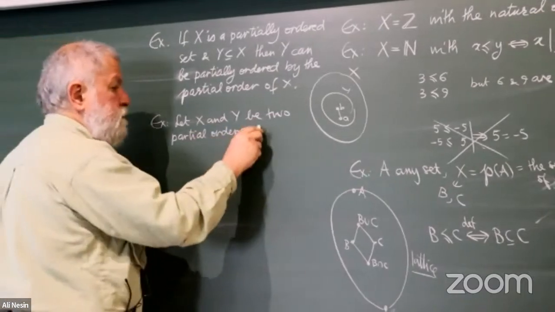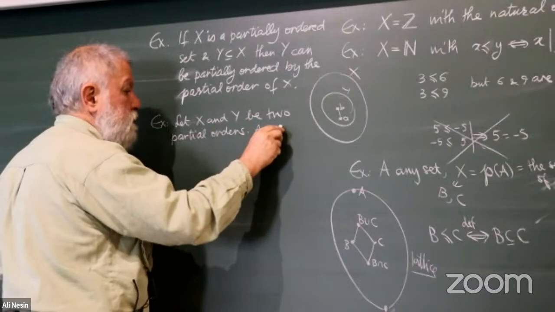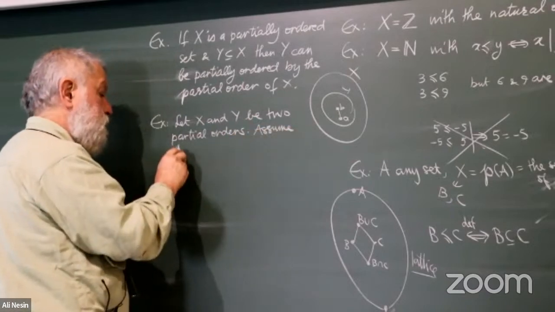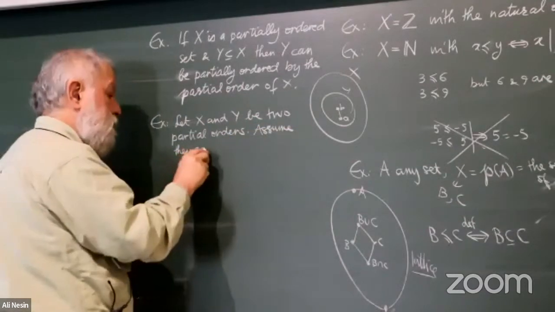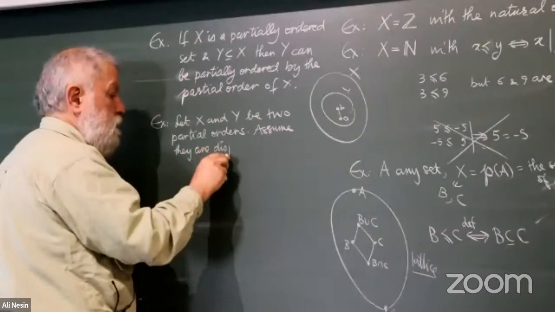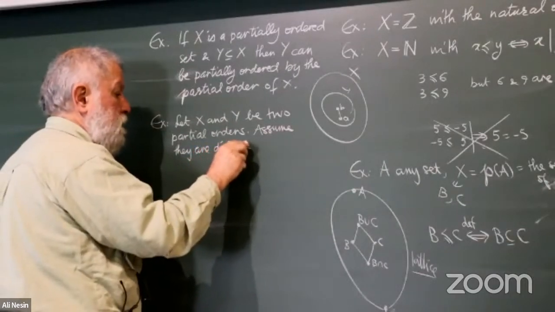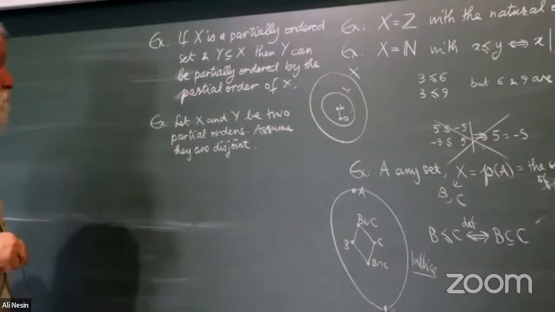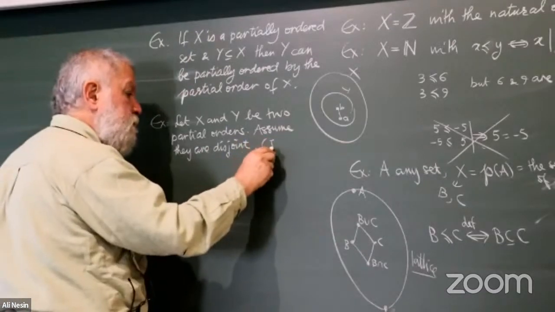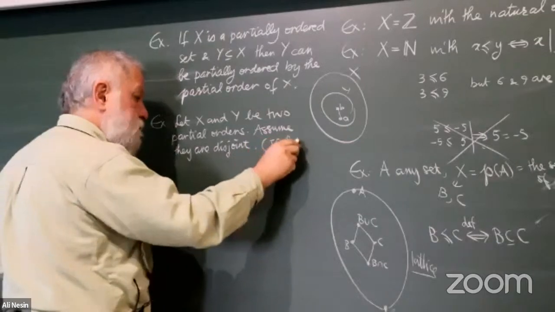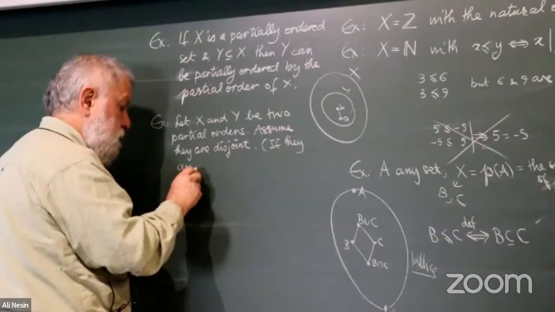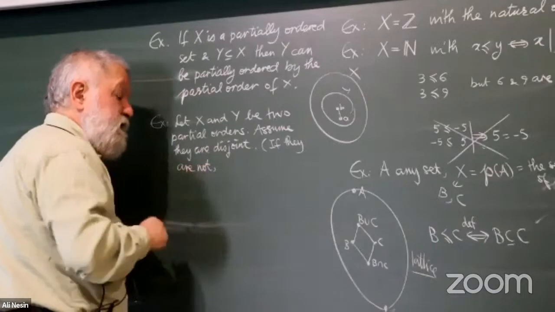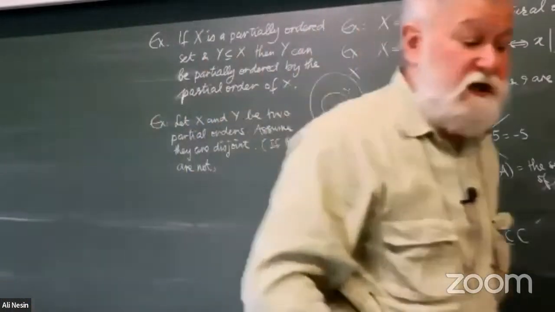Assume they are disjoint. If they are not, there's a way of making two sets disjoint.